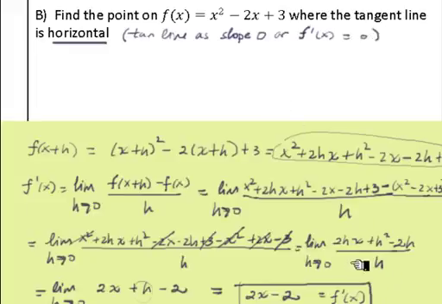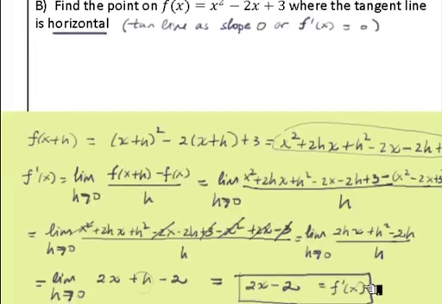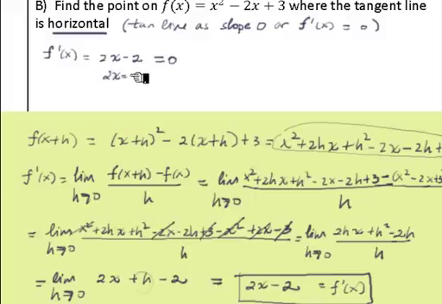Here's our derivative. F prime of x is equal to 2x minus 2. And we're just going to set that equal to 0 and solve. All right, add 2 to both sides and divide by 2. So x equal 1, that is where the tangent line is horizontal.